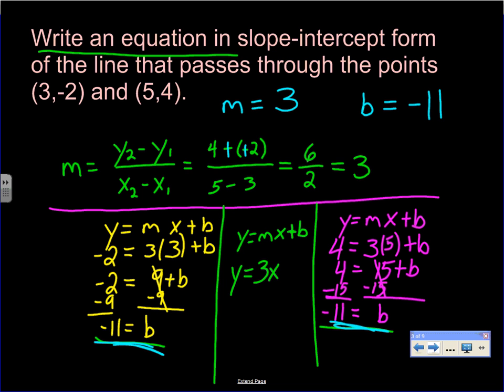B is negative 11. And since it's negative 11, we're going to put minus 11. And you have the equation. Y equals 3x minus 11. That equation will pass through (5, 4) and (3, -2).